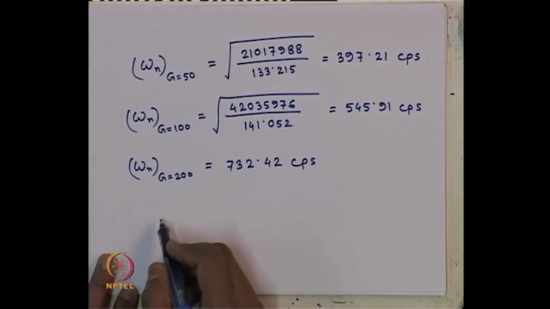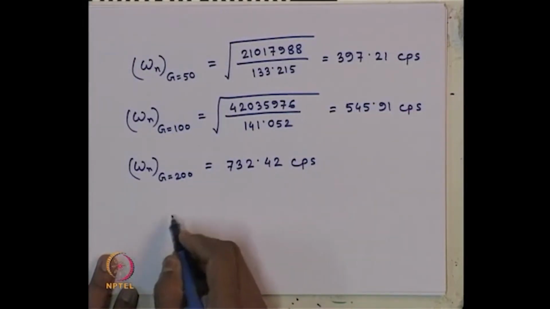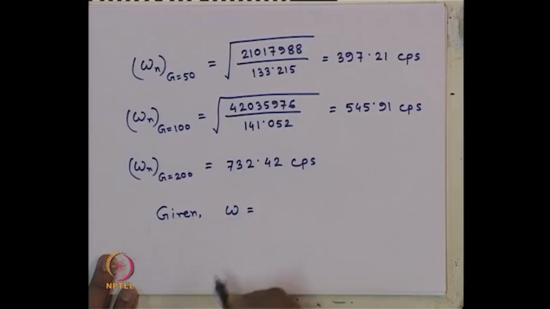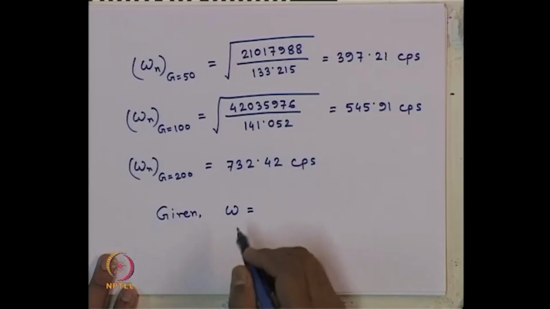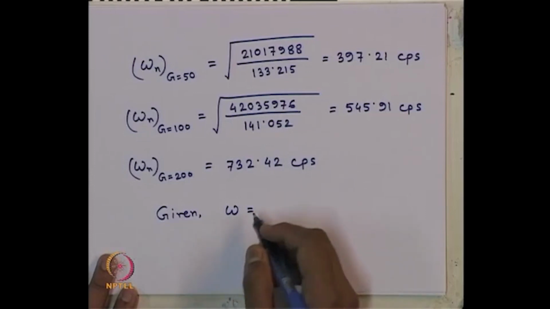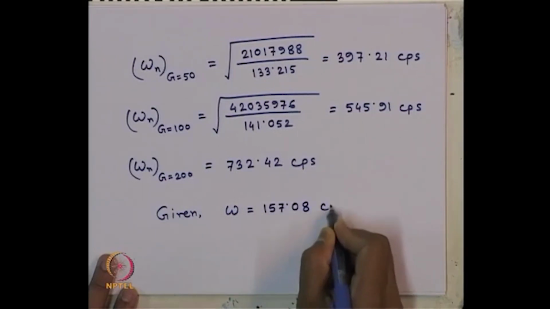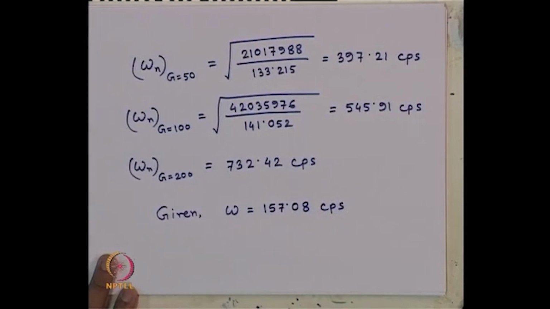And given to us, the exciting frequency is 1500 RPM. After converting that, we already got it in the previous lecture, 157.08 CPS, right. That is the operating frequency.